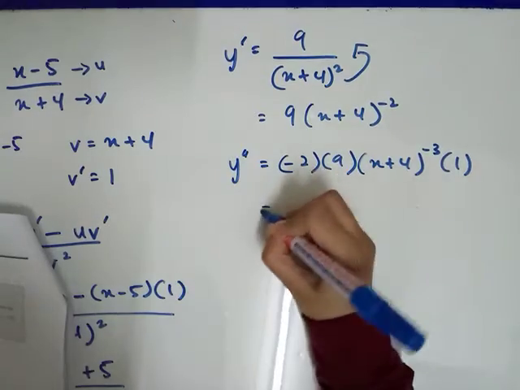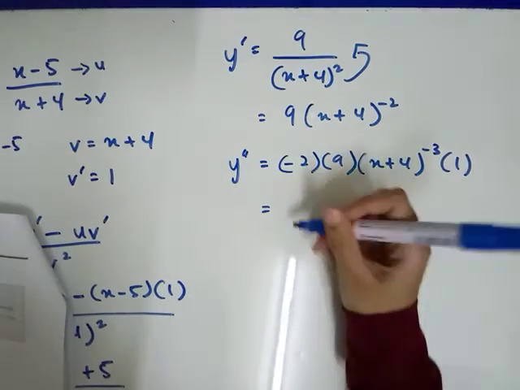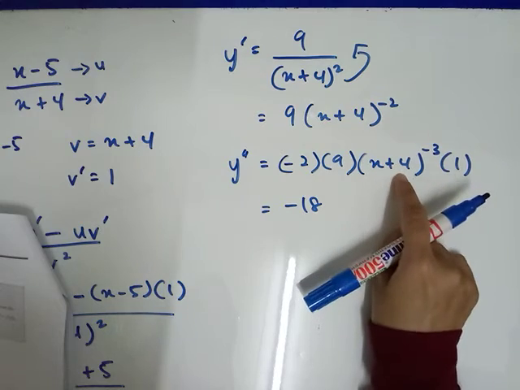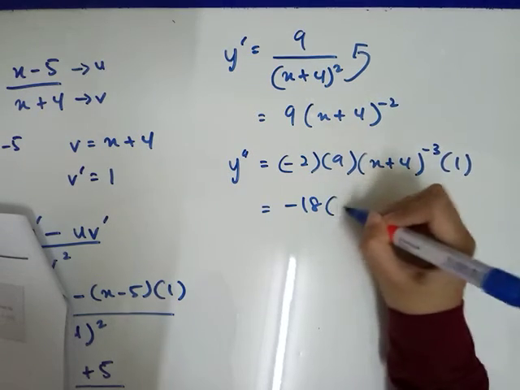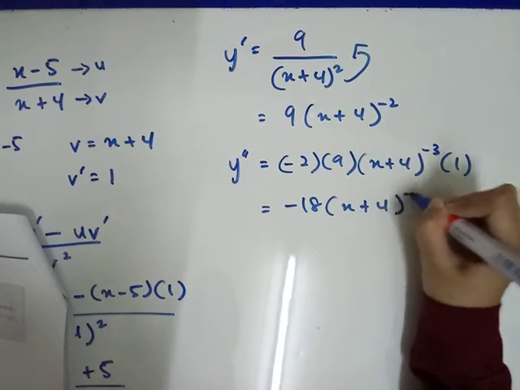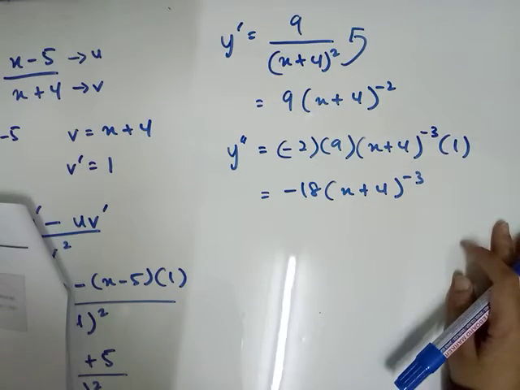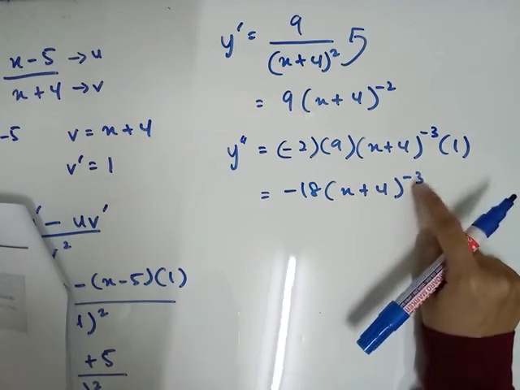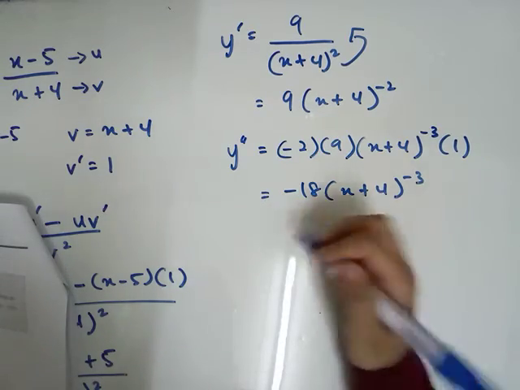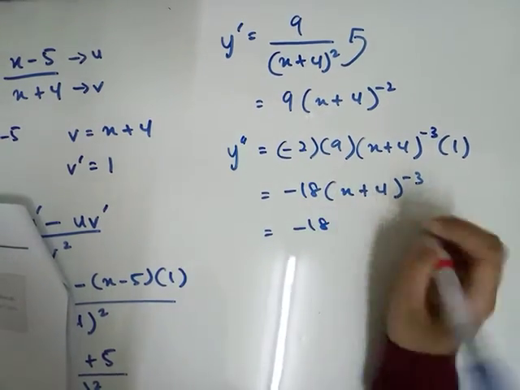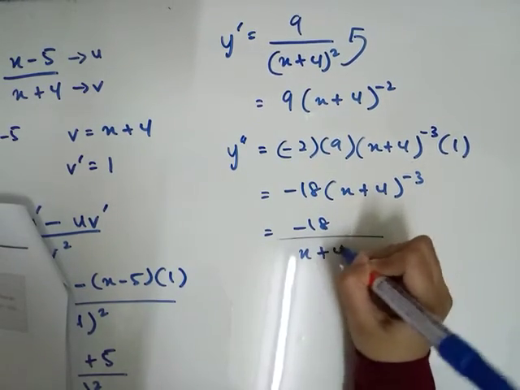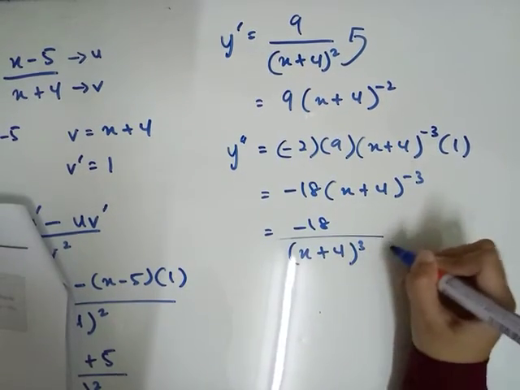Negative 2 times 9, you get negative 18, right? And then times x plus 4 to the negative 3. But we need to make sure that the power must be a positive value. So negative 18, bring down again, over x plus 4 power 3. So this is the answer.